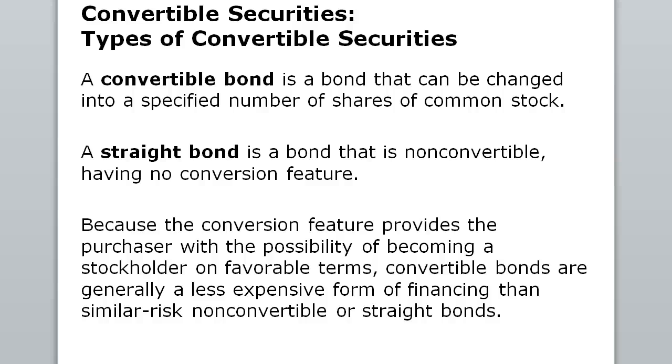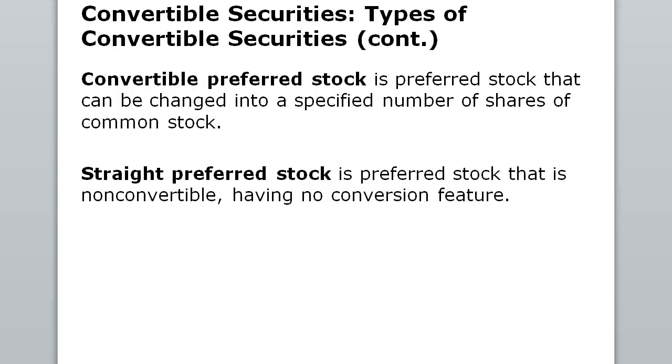A straight bond is a bond that is not convertible and has no conversion feature. So those are how we would state the two different bonds. Because the conversion feature gives the person buying the bond the ability to convert and become a shareholder, convertible bonds are generally less expensive for the company to issue than straight bonds.